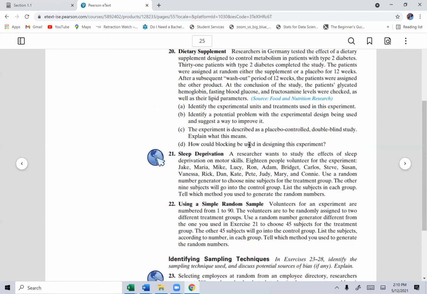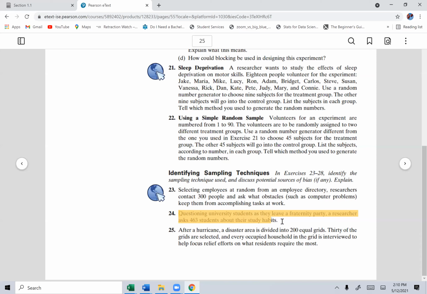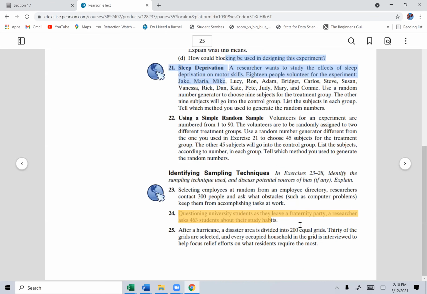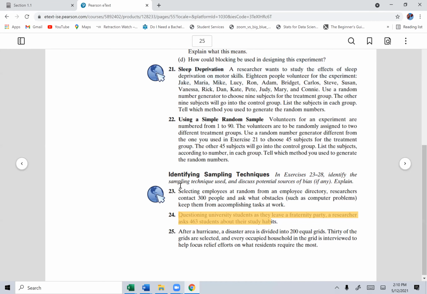All right. Identifying sampling techniques, that's very important to us. Number 23. So the sampling techniques, let me repeat them, guys.